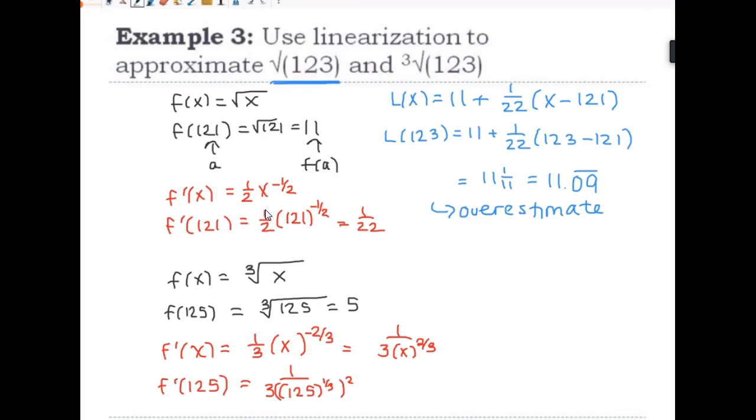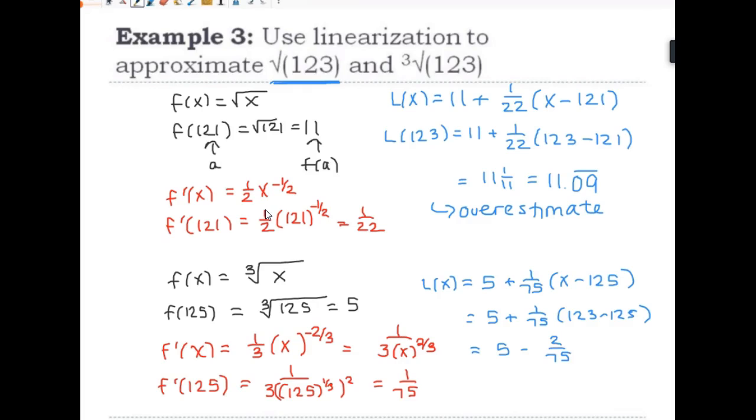The cube root would be 5. 5 squared would be 25. 25 times 3 would be 75. So that my L of x became 5 plus 1/75 times x minus 125. So I got 5 plus 1/75 times 123 minus 125, or 5 minus 2/75.